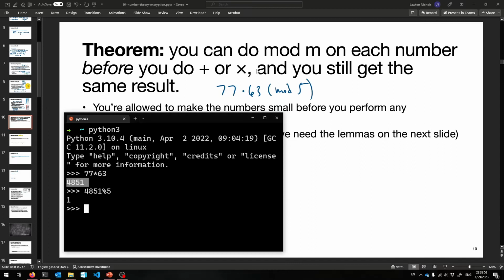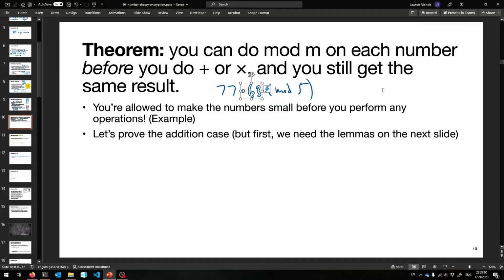We could have actually taken mod 5 of 77 and 63 first. All right, so here's how that works. 77, you could have done the mod 5 first, is what this theorem is saying. Do mod 5 now. 77 mod 5, 63 mod 5. And now I don't have to bring out like Python or a calculator, because I can do these individually. And then I take that result, mod 5.